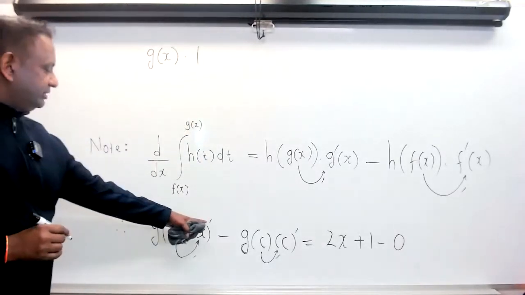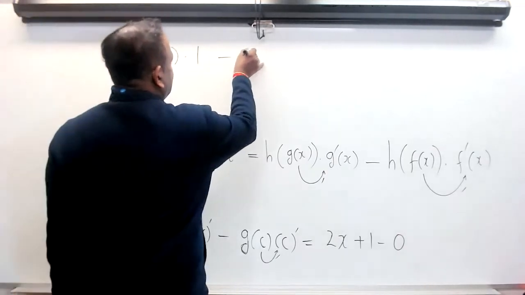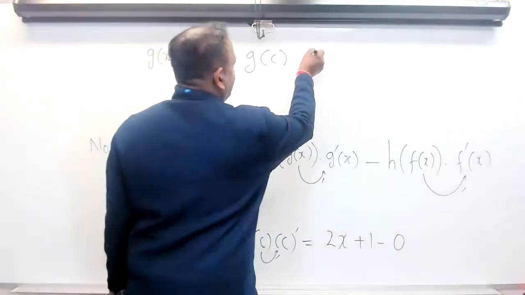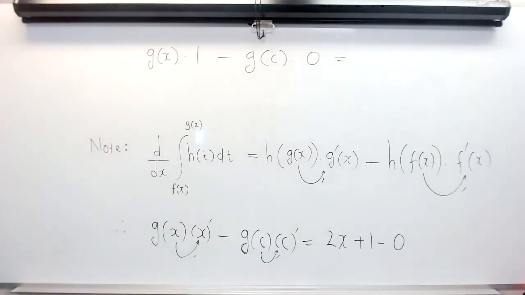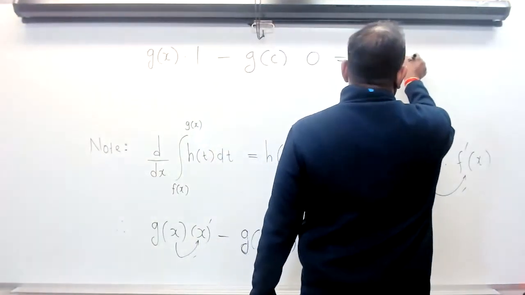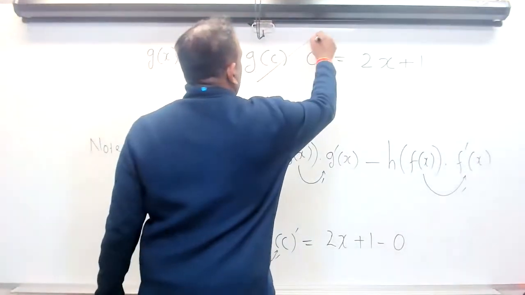You can use that notation or the prime notation, operator notation. Minus g(c) times c prime, which is 0. The derivative of a constant is 0. And you're left with 2x plus 1. This is 0, the whole thing 0.